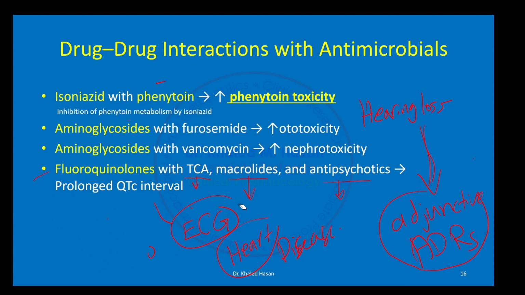So this is another important drug-drug interaction with the antimicrobials. For this reason it is very important to obtain drug history from your patient before you start your treatment. So look at the drug history. Does the patient take any medication? Does this medication interact with your antimicrobial prescription? You have to take this into consideration.